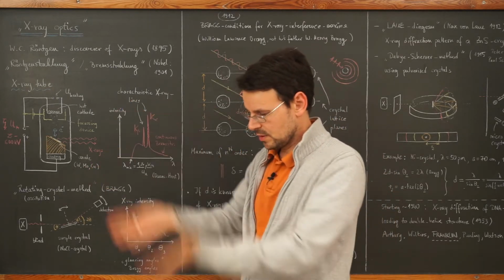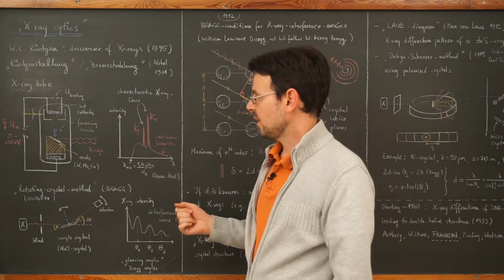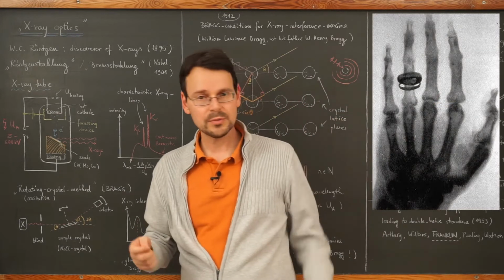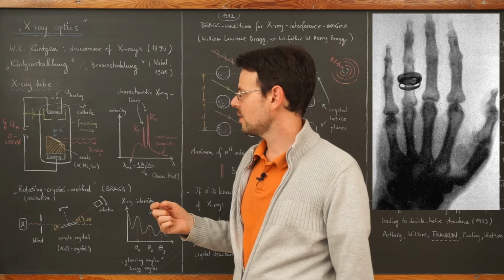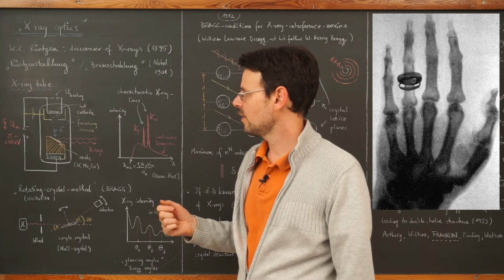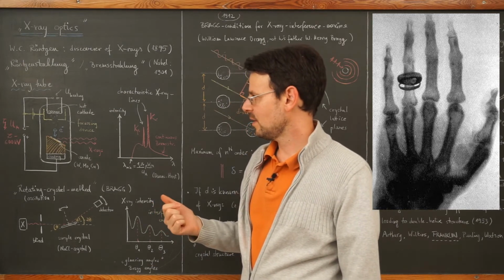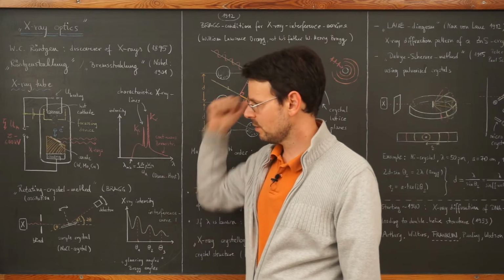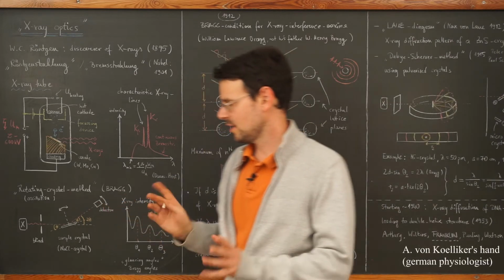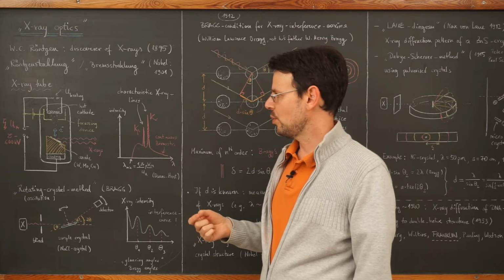And this gives you the typical X-ray pictures. Here's a famous one of the first X-ray pictures that Röntgen took, of it is said the hand of his wife with the ring, but I think on this picture it's someone else's hand. Doesn't matter, you clearly see the bones.